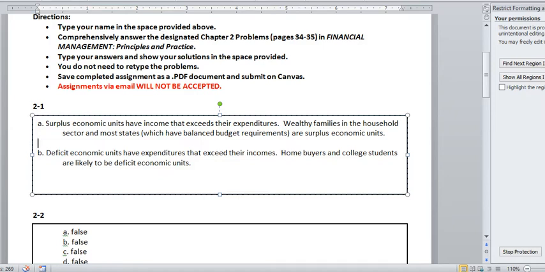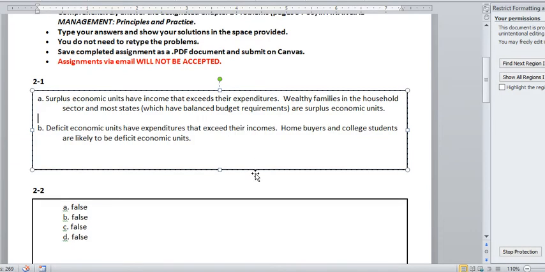And a deficit economic unit is a unit in which the expenditures exceed the income. Examples of that would be home buyers and college students who have to pay back loans.